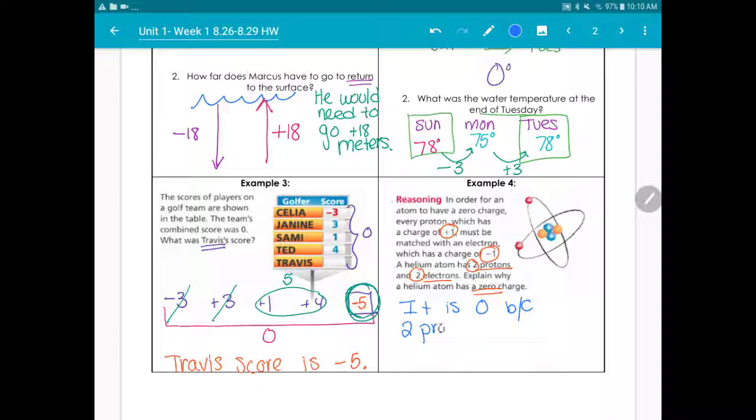2 protons is +2 and 2 electrons is -2. And what do we know about opposites?